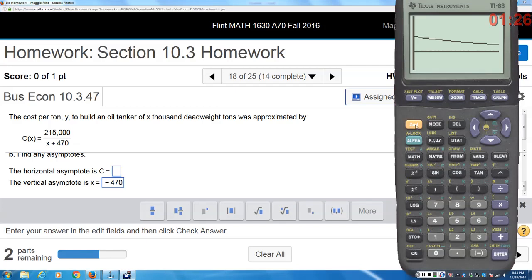So in order for me to figure out what that limit is, I'm going to look at the table and say, well, let's see, it went from 400, dropped down to 300, dropped down to 200.